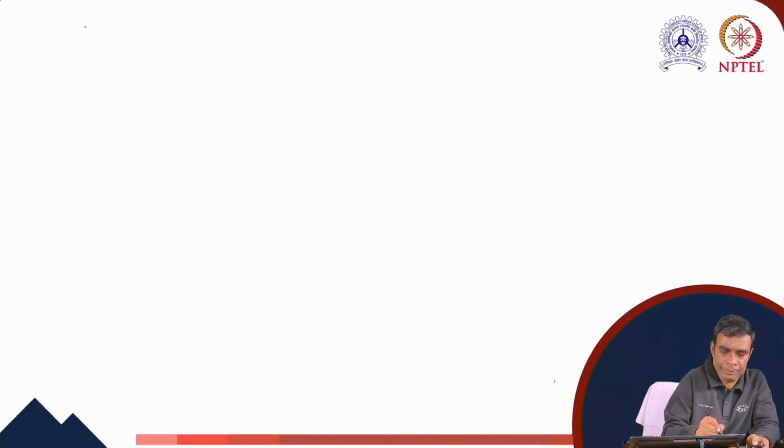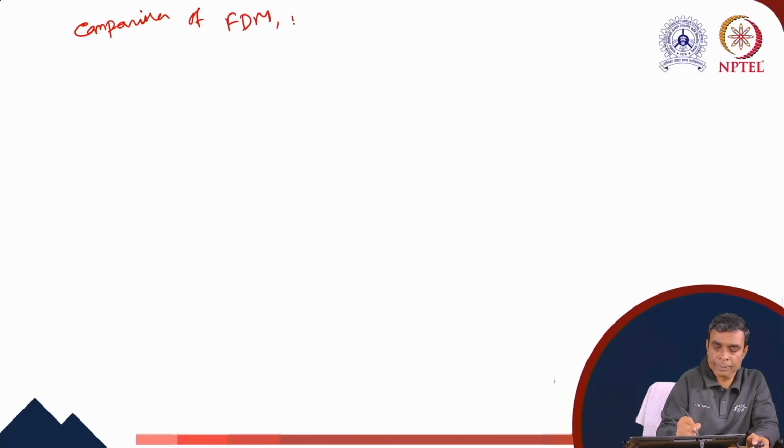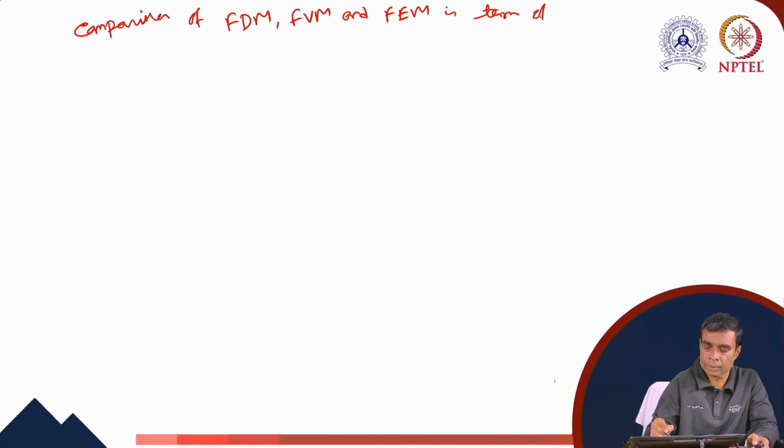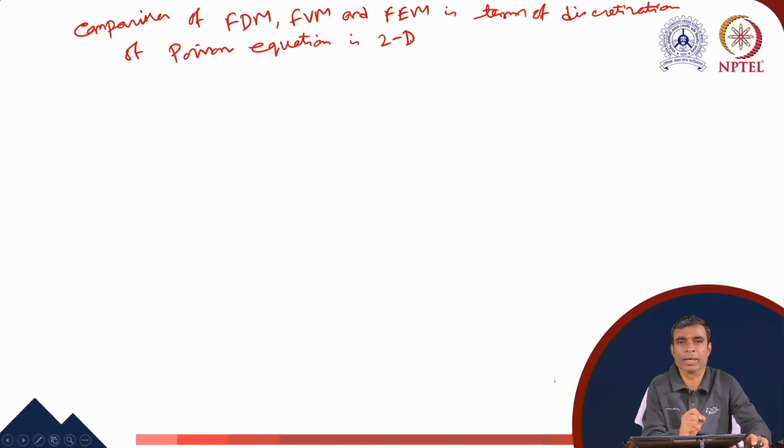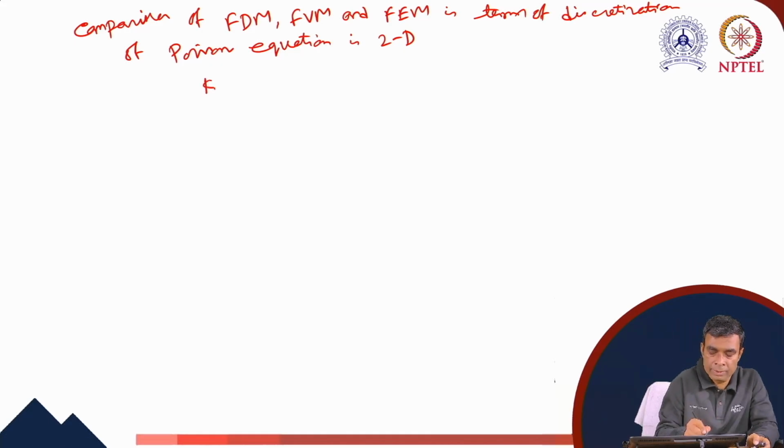So we shall highlight comparison of FDM, FVM and FEM in terms of discretization of Poisson equation in 2D. So let us only consider the strong form of the governing equation, k del square T plus q equals to 0.